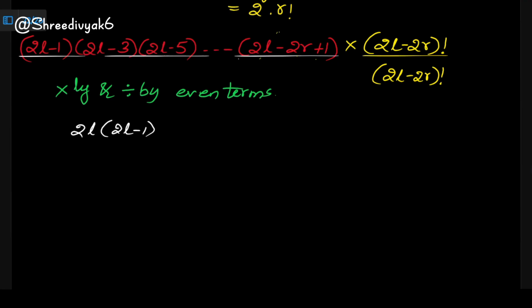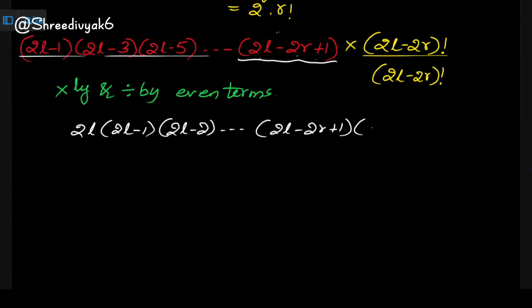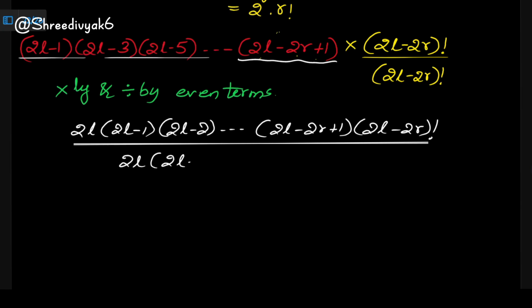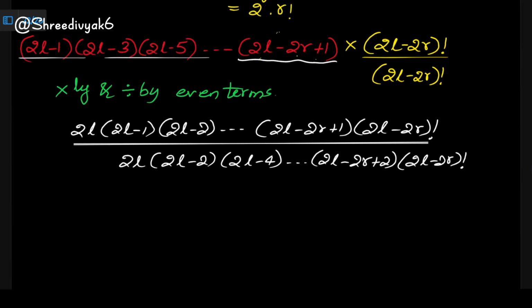Okay, so it is nothing but 2l into 2l minus 1, 2l minus 2 up till 2l minus 2r plus 1 into 2l minus 2r factorial, whole divided by all those even terms that are missing: 2l, 2l minus 2, 2l minus 4 up till 2l minus 2r plus 2 into 2l minus 2r factorial.